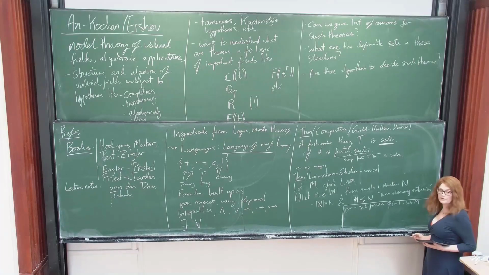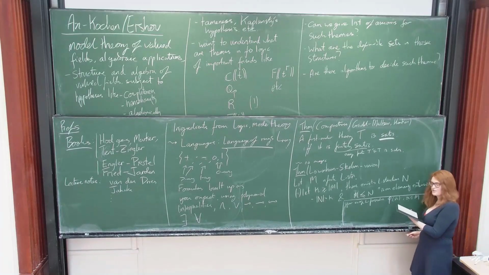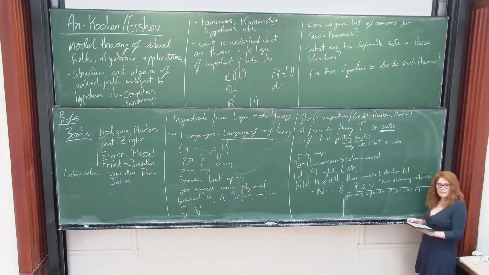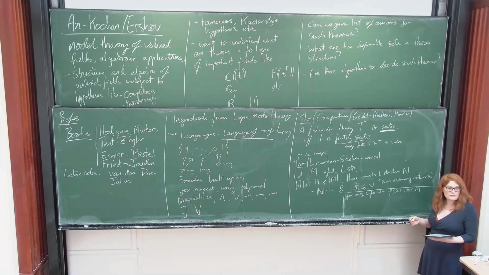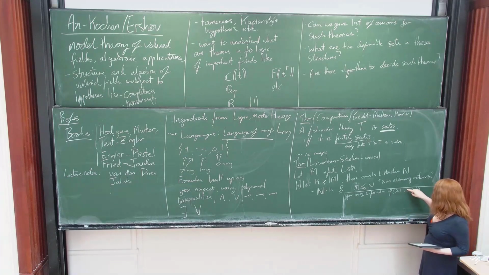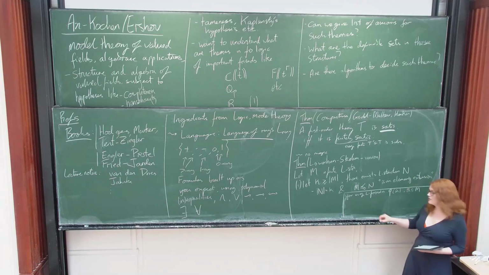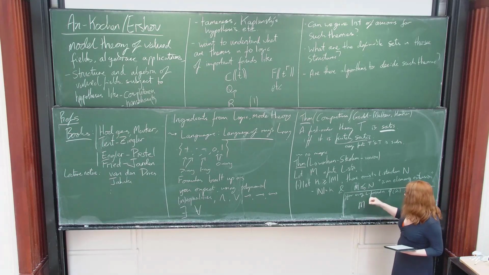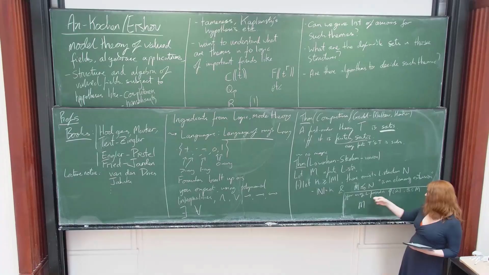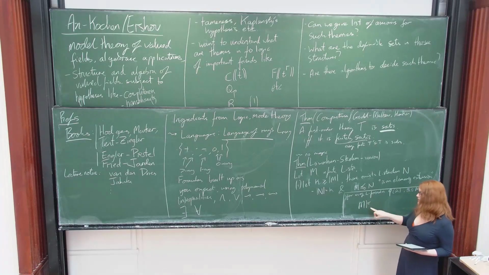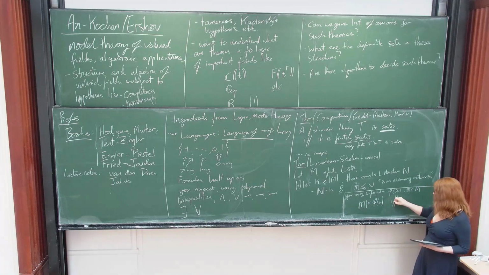This is just some kind of first order statement about rings, but really it's about some n unknown elements. That's what I'm saying. And then I'm going to plug in those a's, and the definition is that for any such a, M believes phi of a exactly when N does.